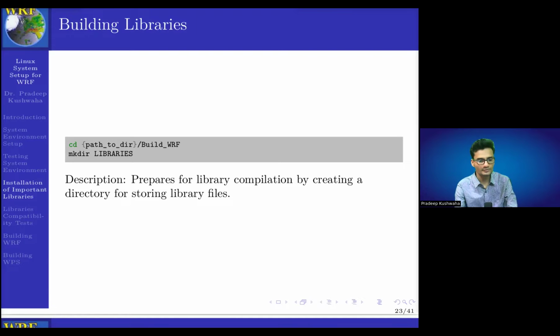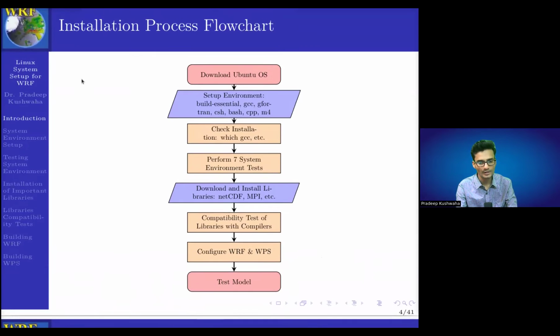As we discussed in our initial flowchart, here we have the Ubuntu operating system, then we have set up the environment in which we installed build-essential, GCC, which is the C compiler, gfortran, which is the Fortran compiler, and CSH, which is the C shell, and bash shell, and CPP and M4.